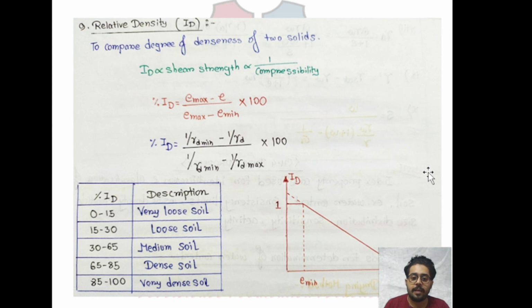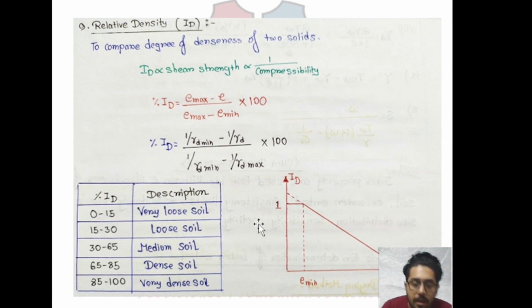That means in case of e max, we put 1 by gamma D min, and in case of e min we put 1 by gamma D max, then it is represented as (1 by gamma D min minus 1 by gamma D) divided by (1 by gamma D min minus 1 by gamma D max) into 100. You just remember this formula, (e max minus e) divided by (e max minus e min) into 100.